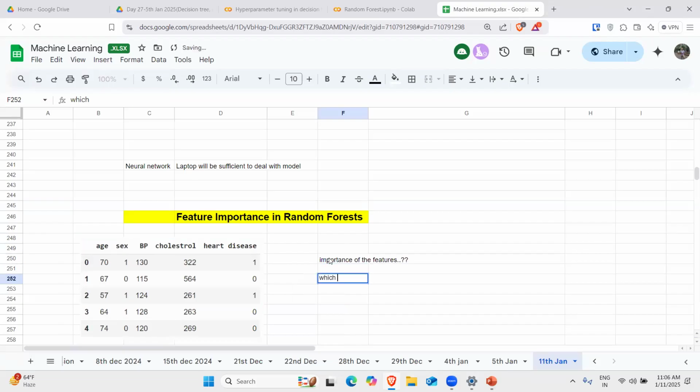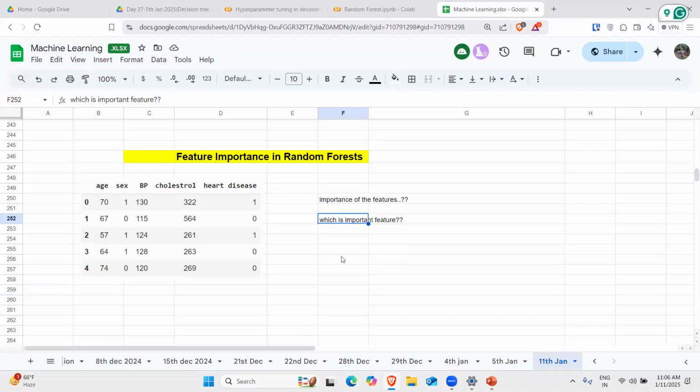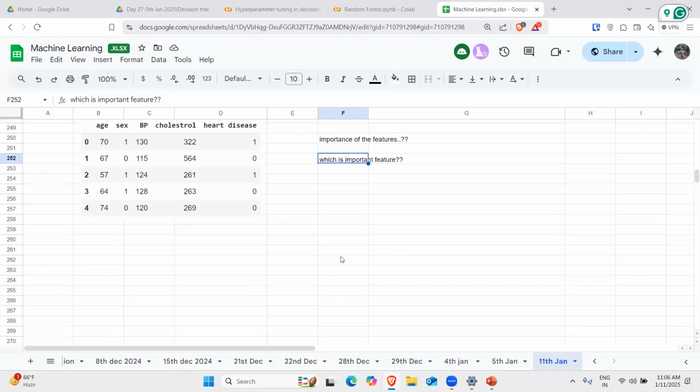Which is the important feature for you, right? You can get an idea about that. How? We have random forest for that. Similarly, in decision tree we have also discussed how to understand feature importance. Here also, your random forest will give you the importance of features before actually building the model.